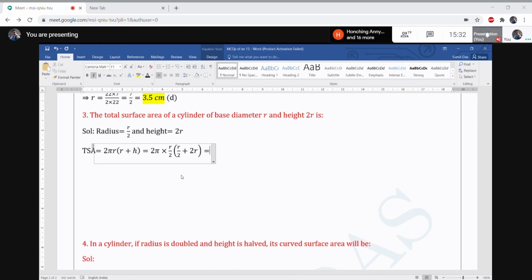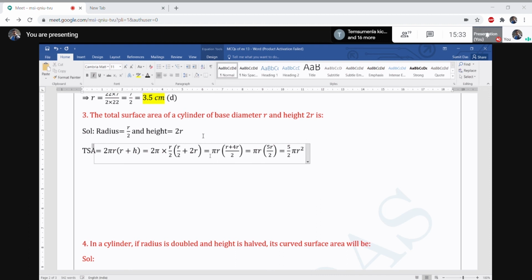If you simplify this one, you can see outside this 2 and this 2 will cancel. So here only we'll get pi r, and inside the bracket, if you simplify this one, numerator will be 2, denominator will be r plus 4r, which is equal to, outside will be pi r, inside will be 5r by 2, which is equal to 5 by 2 pi r square.